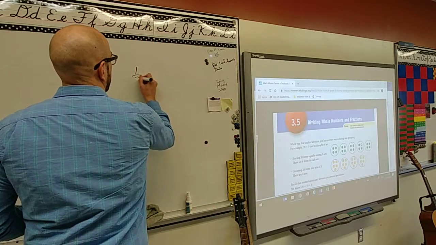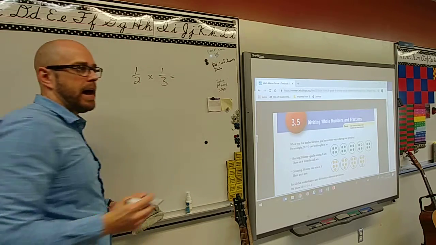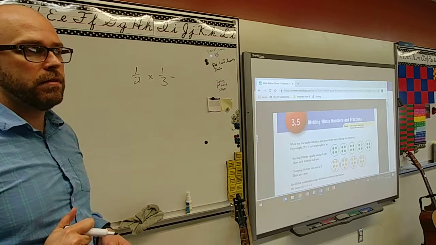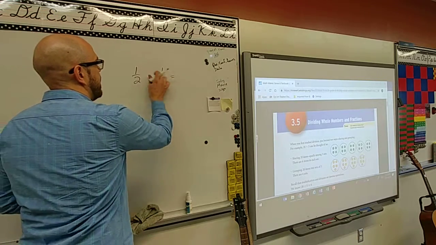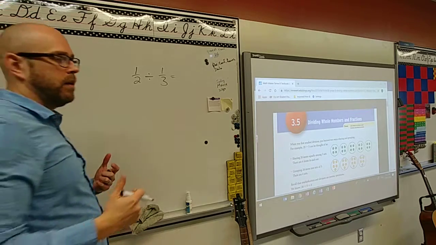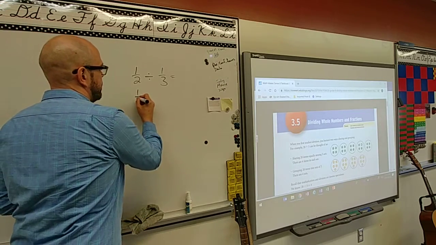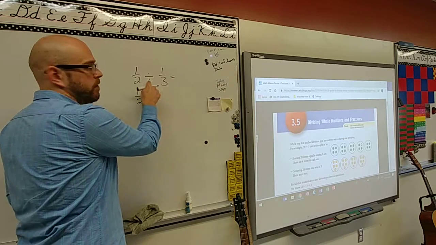Let's say we had a half divided by a third. My bad, divided by thirds. What we learned previously was that when we're dividing, you need to flip and flip. So I'm going to flip a division.